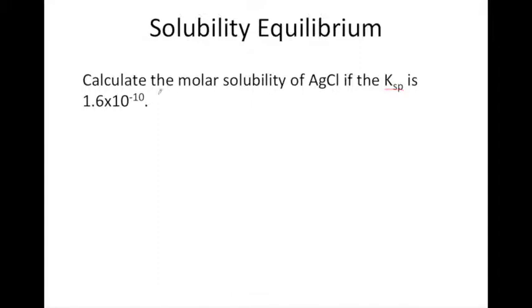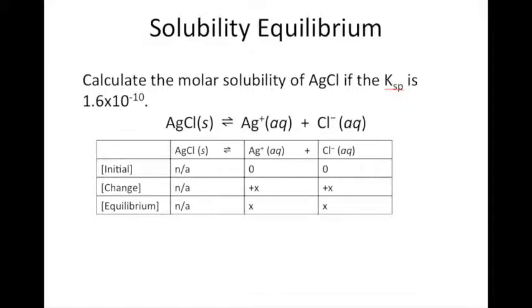So to solve a problem like this, the first thing you would want to do is write the dissociation equation. Silver chloride, 1 mole of silver chloride solid, will produce 1 mole of silver ions and 1 mole of chloride ions. Next thing we want to do is, since this is an equilibrium issue, we want to set up an ICE table. Here we have set up an ICE table.